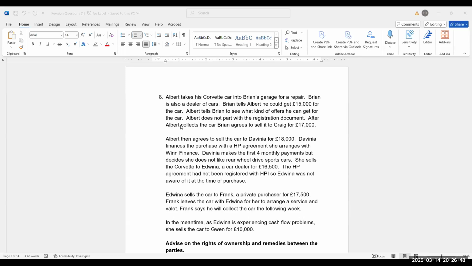In the first scenario, Albert takes his car to the garage for repair by Brian, who is a car repairer as well as a car dealer. But in this case, he just told Albert to find out if there were any offers to buy the car. As a car dealer, Brian is a mercantile agent under the Factors Act, someone who is in the ordinary course in the business of selling, has the authority to sell or consign goods, and is able to raise security or money on the security of goods.